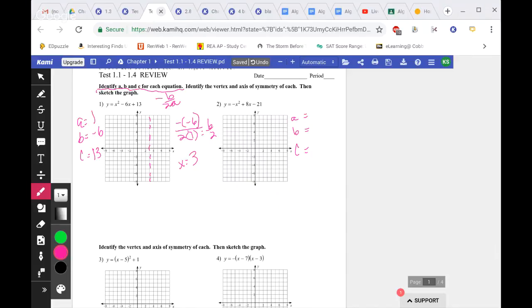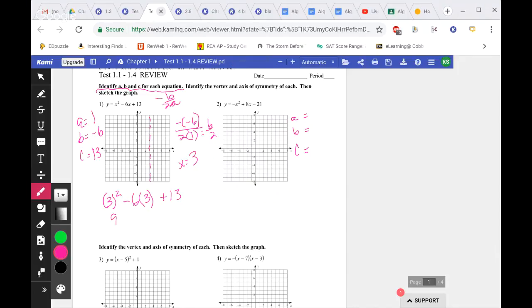And now to find the actual vertex, I'm going to plug that 3 back into the original equation, which is going to give me 3 squared minus 6 times 3 plus 13.